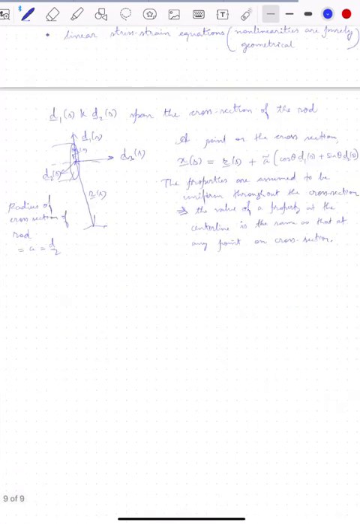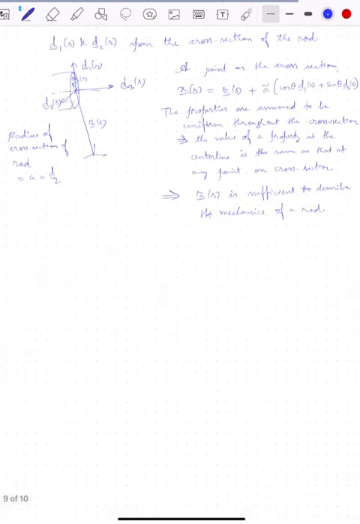That is the actual reason why just r of s is sufficient to describe the mechanics of a rod. This is a postulate, right?